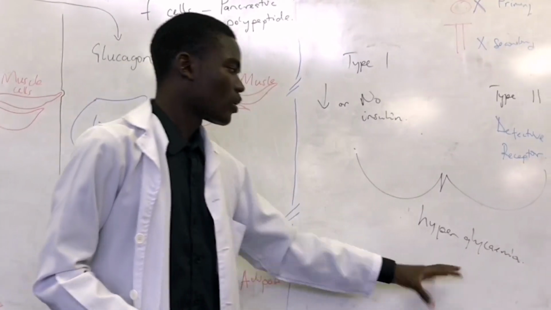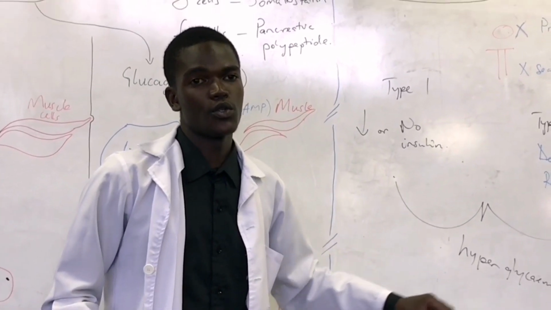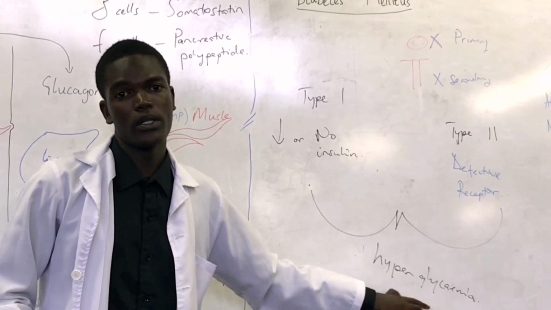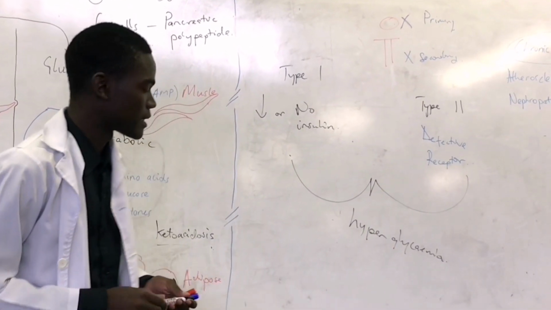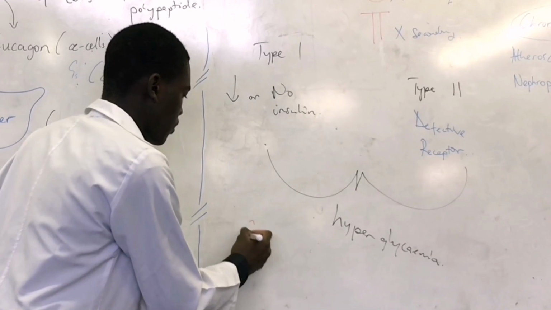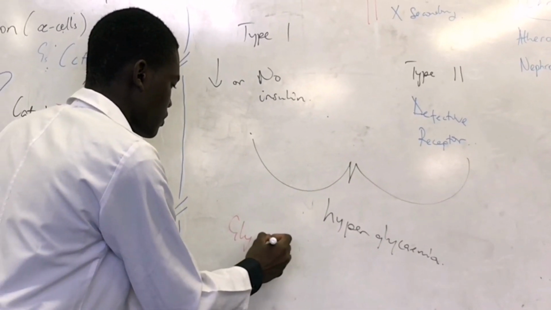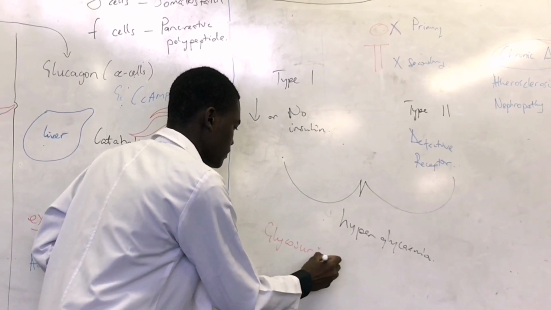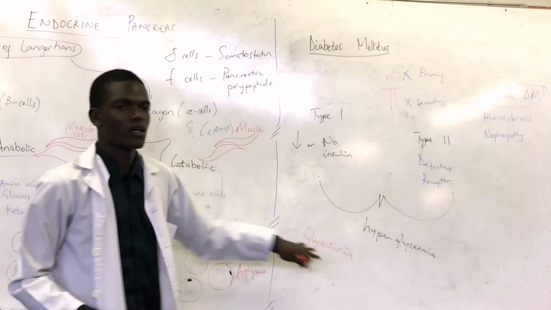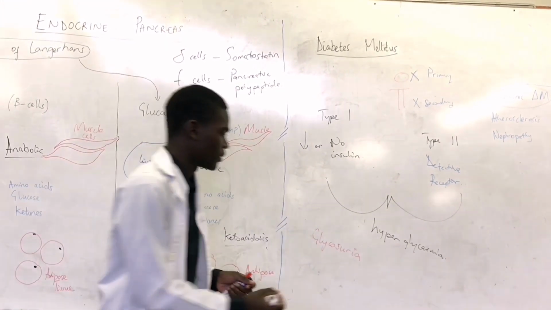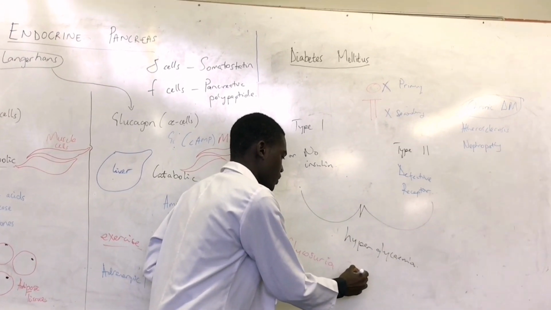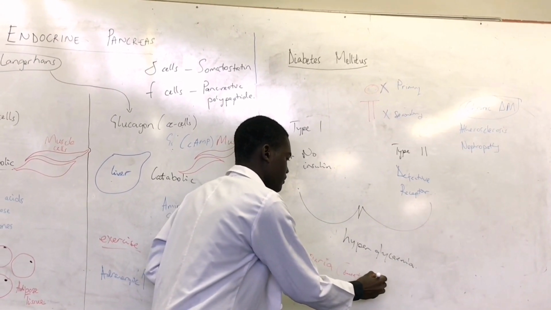So this glucose accumulating in the blood is going to be excreted from the body in urine. Right? So that's where we have the condition known as glycosuria. This is glucose in urine, right? Or it's a condition we can also call sweet urine.